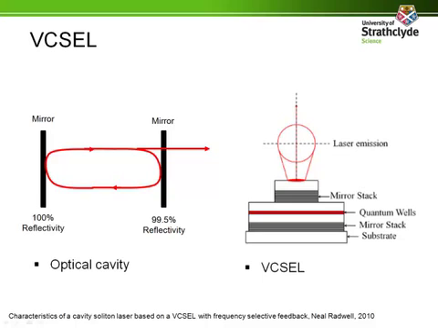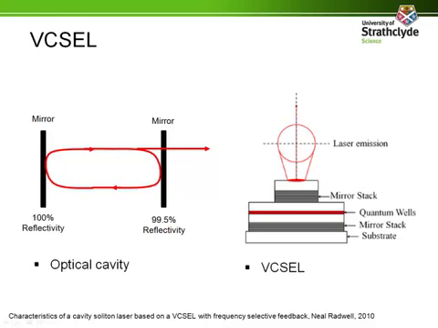I use a particular type of semiconductor which is called a VCSEL. First of all, how does a laser work? You need to have a cavity, which is basically a pair of mirrors. One is highly reflective, the other one is only 99.5%. That means that the amplification can build up within the cavity.